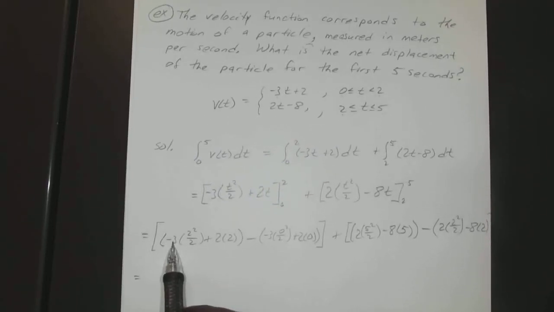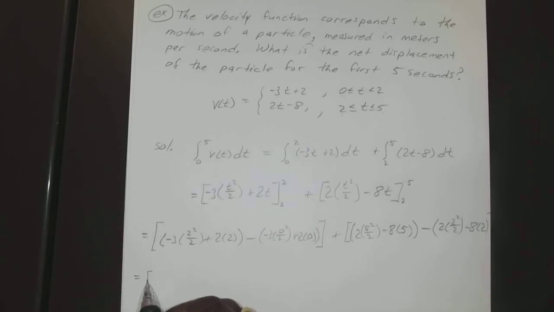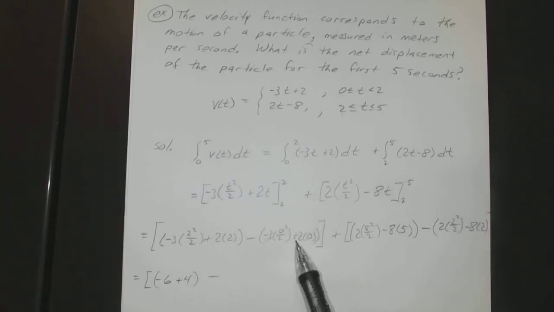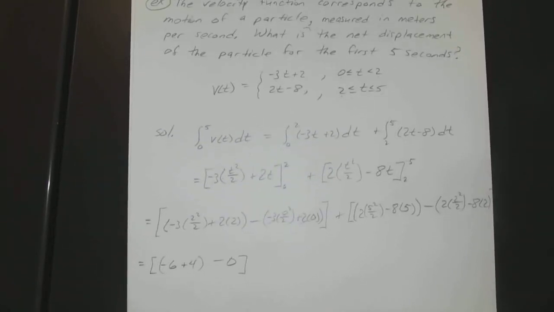Okay, so you have -3 times 4 over 2, which is 2. So that gives us -6 plus 4 minus, this just becomes 0 and that becomes 0, so that's just -0, which you don't have to put if you don't want to.